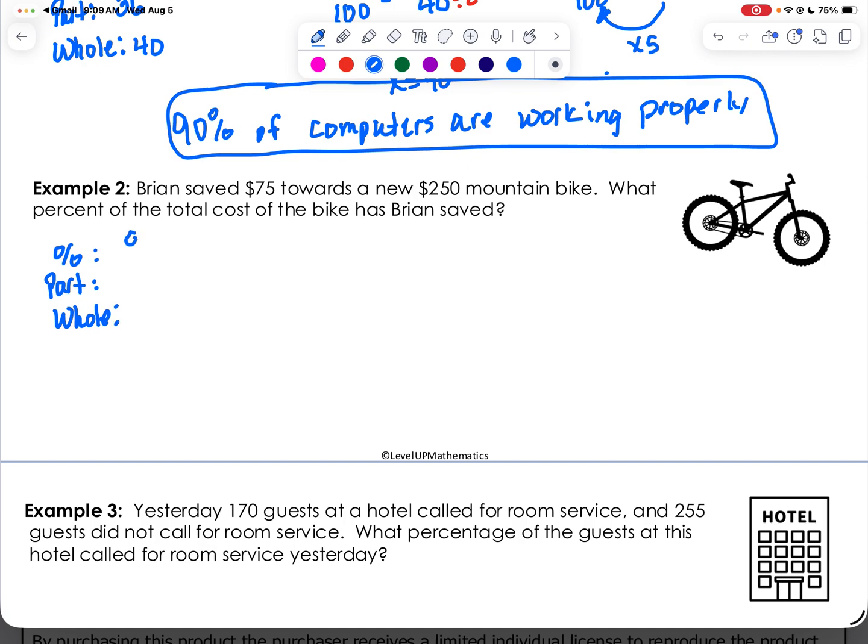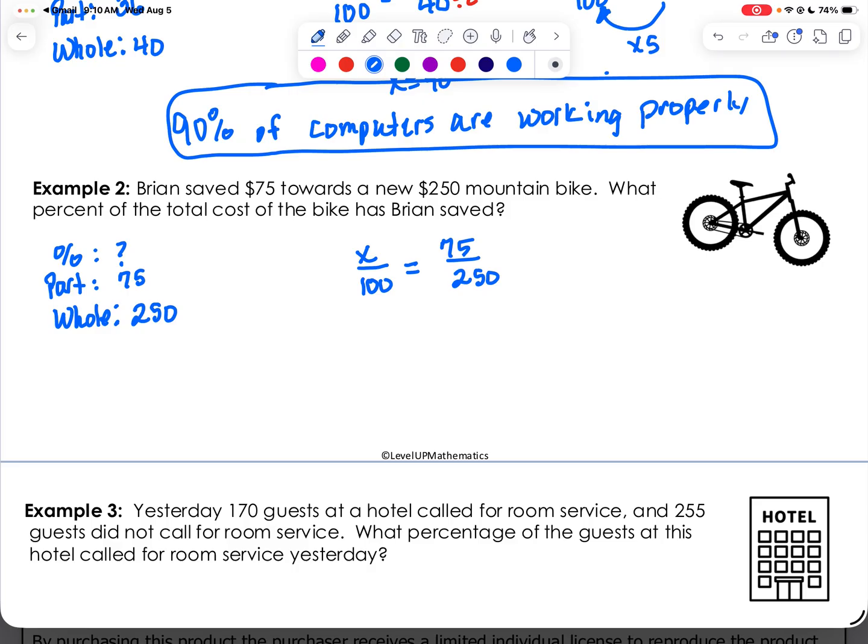Again, I do not know my percentage. That's my unknown. I know the part is 75, and I know my whole is 250. So when I set up my percent proportion, I'll have x over 100 equals 75 over 250.